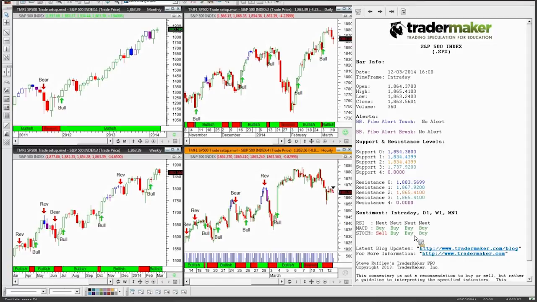So that works for you in one of two ways. If the market's going down, buyers are getting pushed out, so the markets will overextend and go down quicker. But if the market's gone down and looks to be at the end of a down cycle, maybe we hit some key support, one of these levels, and it's all still a buy, you can dip buy and buy that market up with confidence. The RSI at 52 or 53 is classed as neutral because it's not in the overbought or oversold territories.